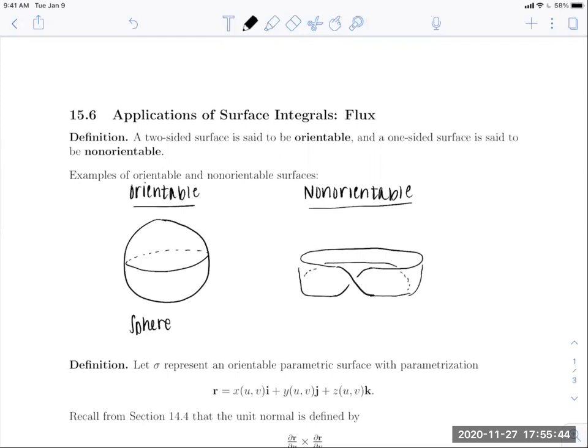All right. So here's the Mobius strip, with an umlaut over the O. And this Mobius strip is non-orientable.